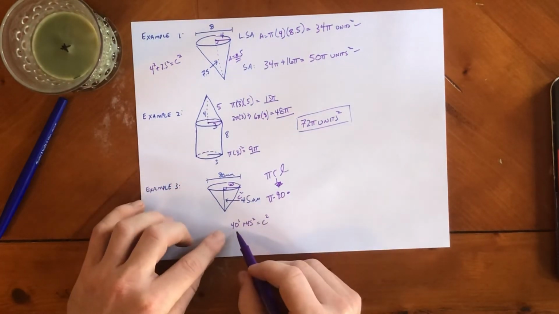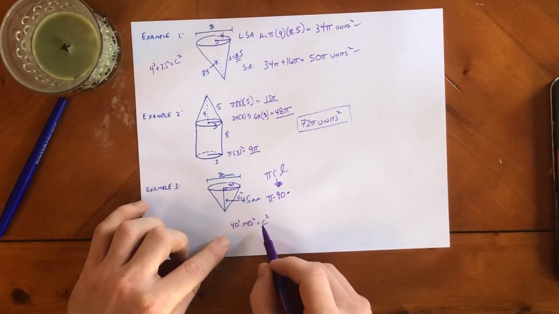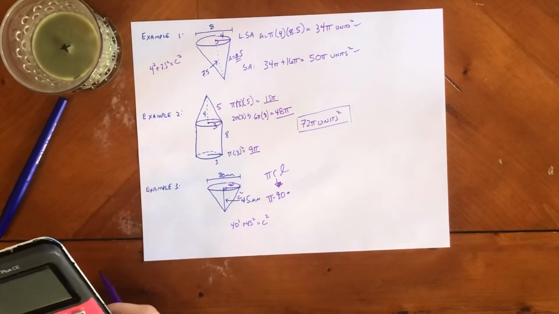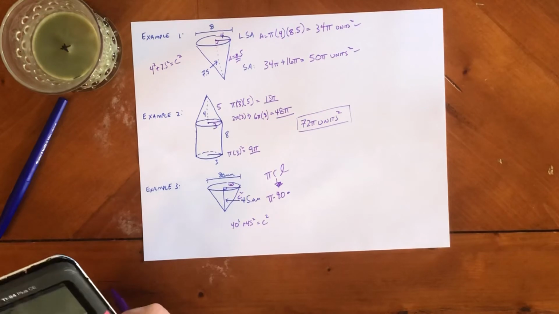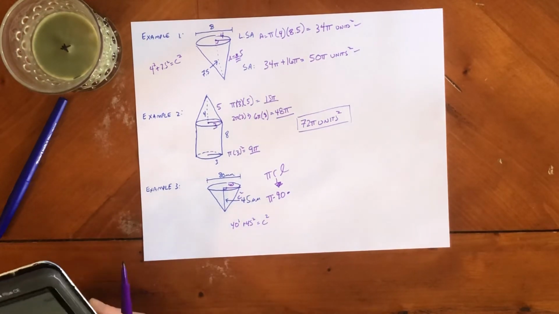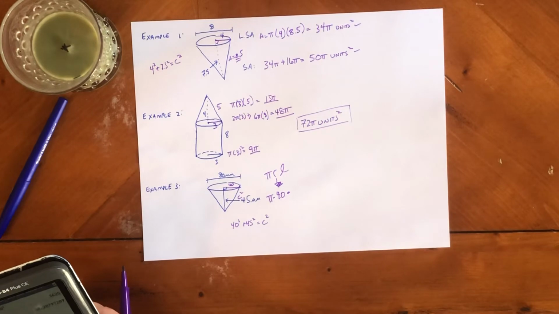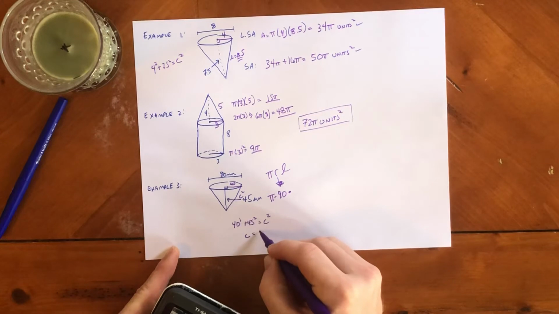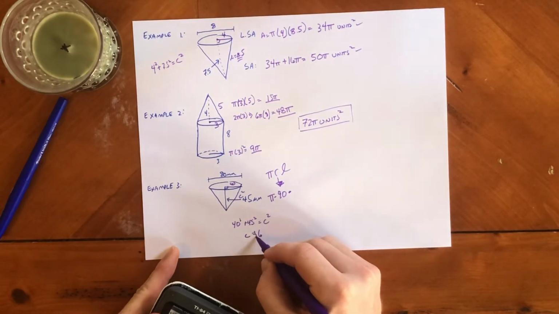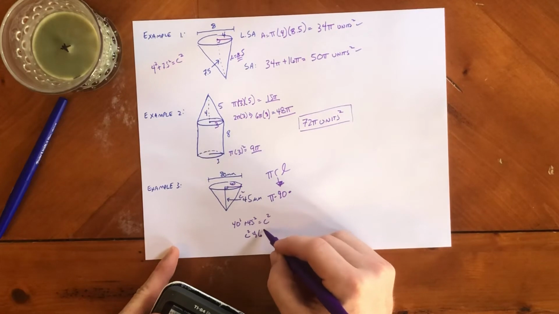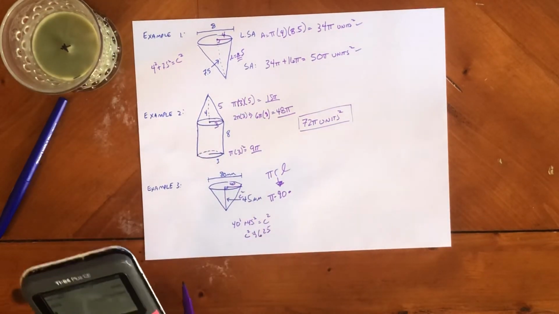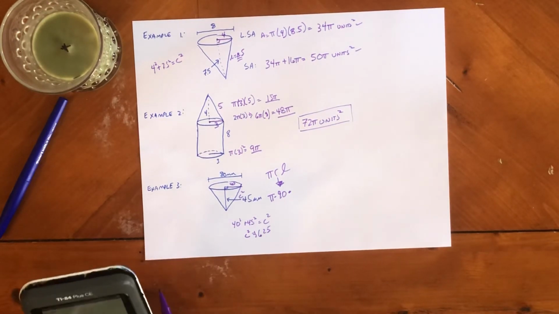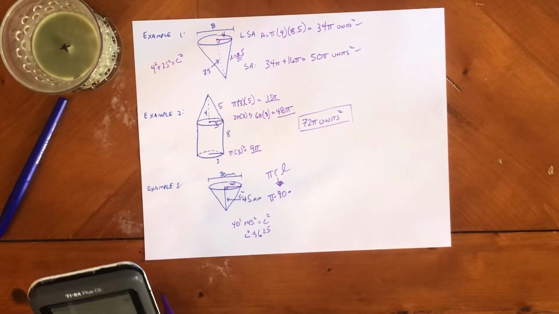Let's see here. Divide by 5. 8, 9, 3, 4. No, I don't think it's a special one. Let's find out. 45 squared plus 40 squared, square root. So I get c to be the square root of 3625. I could simplify that, divide by 25, 3625 divided by 25 is 145.